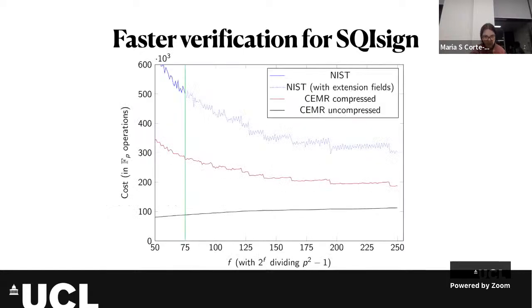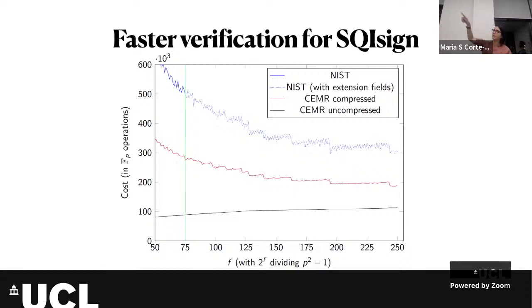So this is the graph that shows verification in SQIsign. On the y-axis, you have the cost of verification, and on the x-axis, you have the power of 2 dividing p squared minus 1. So the top line is the implementation used by the NIST submission.